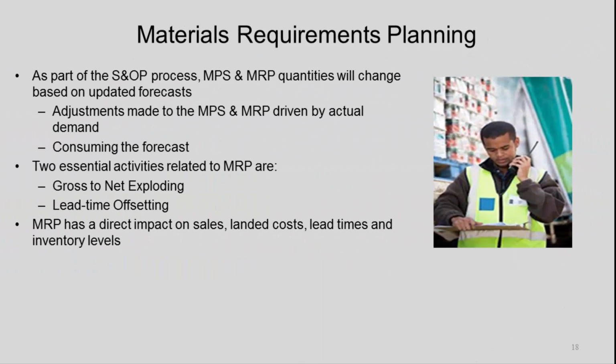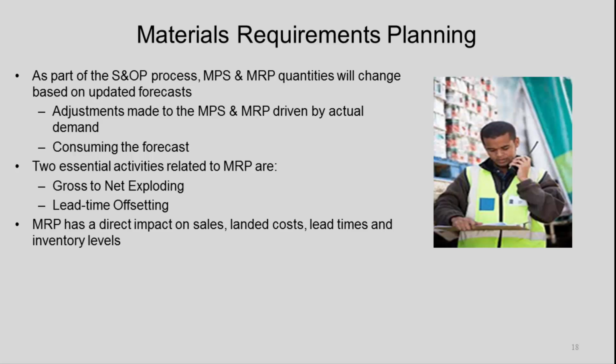Continuing on with MRP, as part of the S&OP process, master production scheduling and material requirements planning, quantities will change based on those updated forecasts, the adjustments that we've said ad nauseam in our recent discussion. In our hash points, adjustments are made to the MPS and MRP driven by actual demand, that whole idea of consuming the forecast.